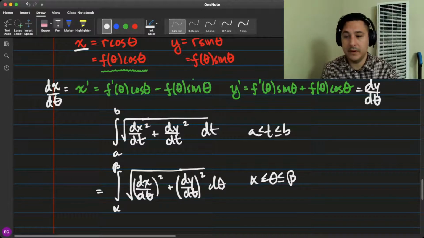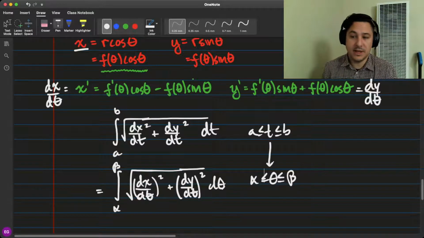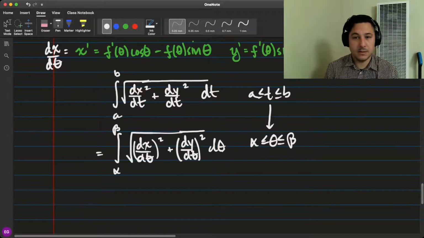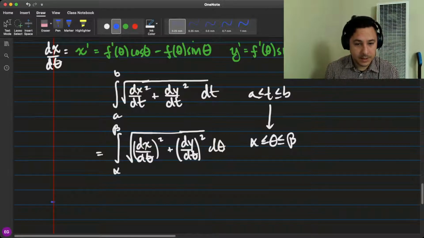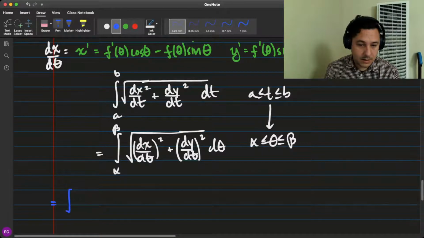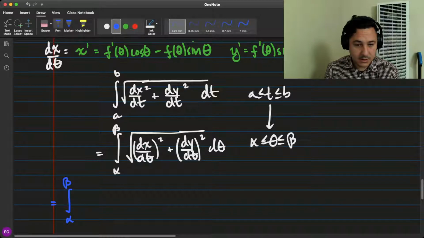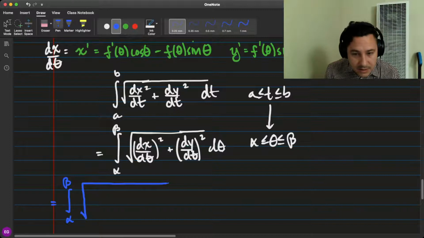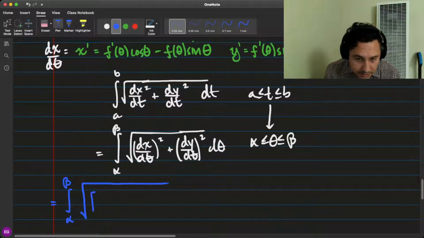Okay, so we've changed. We went from the t variable to the theta variable. And let's keep plugging this stuff in. So now you're from alpha to beta, square root. Okay, dx d theta, we had already calculated that, so let's put parentheses around it.